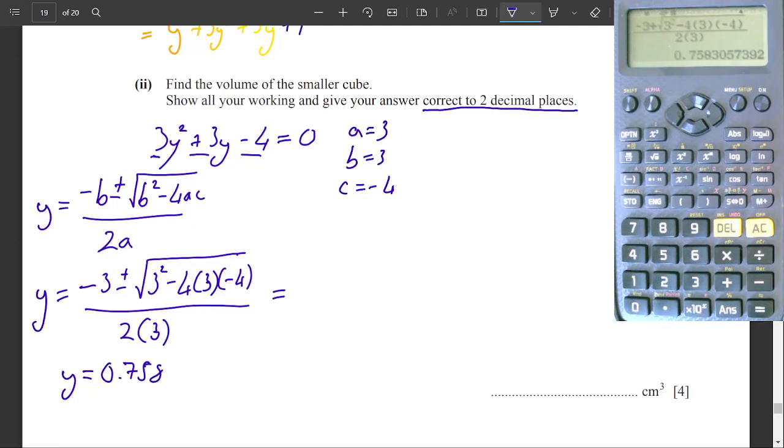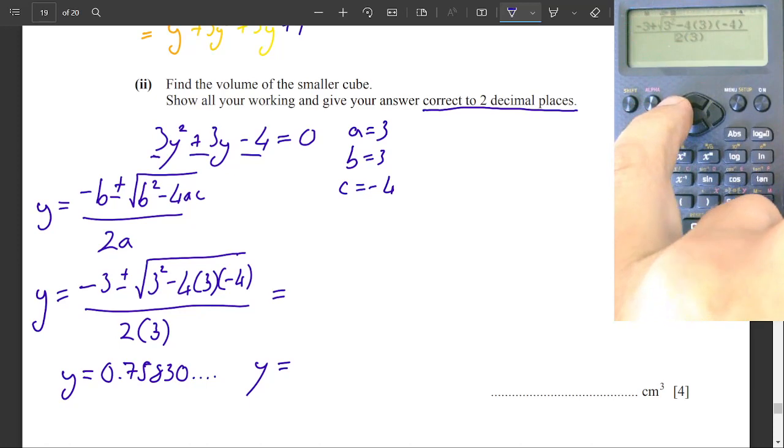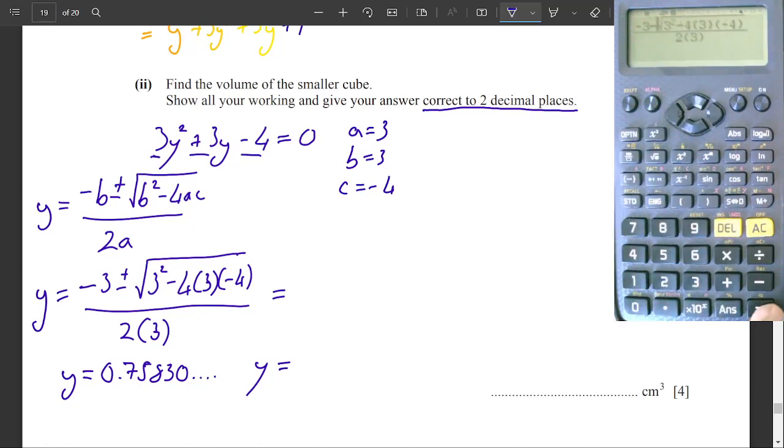Don't round yet. With the negative value, let's go back and just change that plus for a minus. And that gives us a negative 1.758. Okay, since it's measurements, we're only going to use the positive answer.